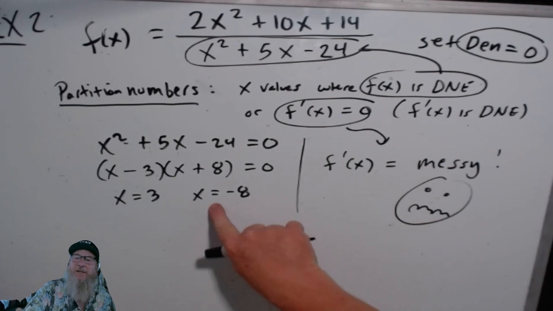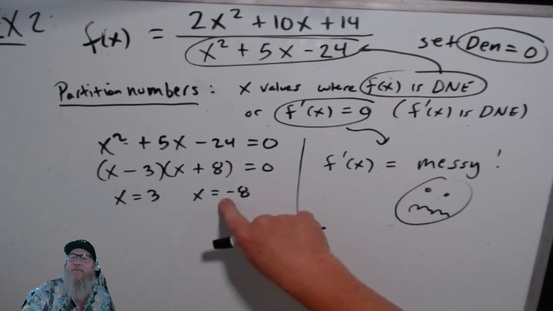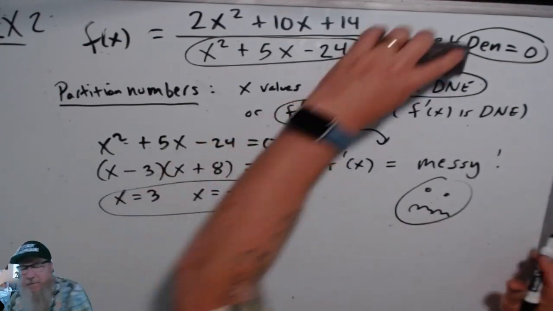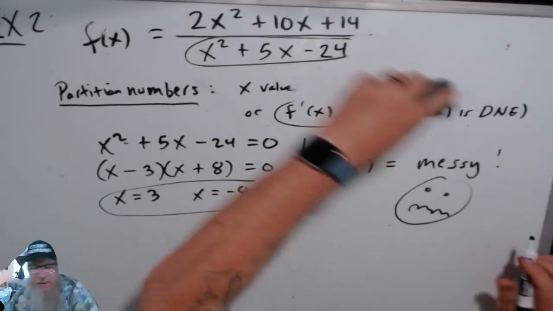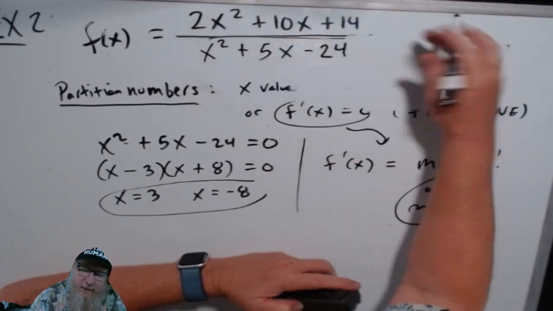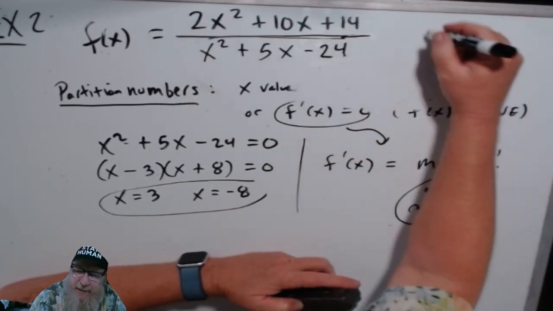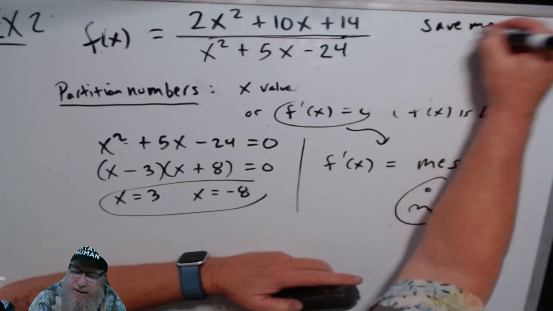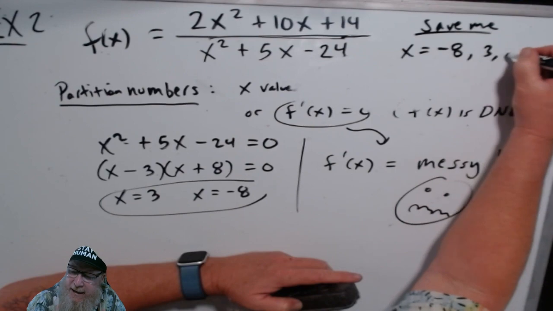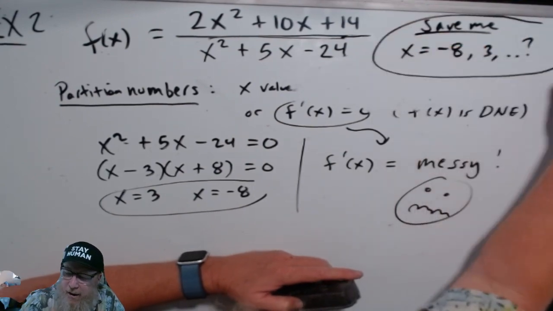So what I'm going to do is write down these partition numbers, the two that we got easily, and then I'm going to save room for this messy calculation. So what do we got? We got x is equal to negative 8, 3, and we have more to come.